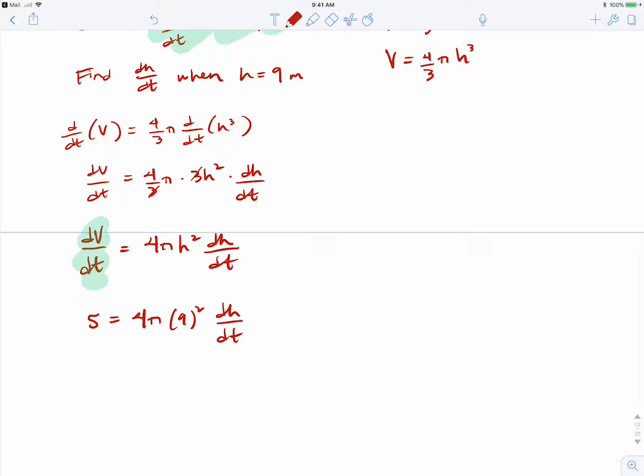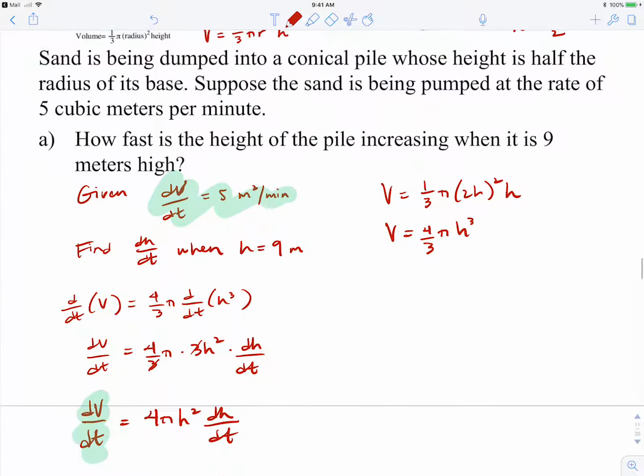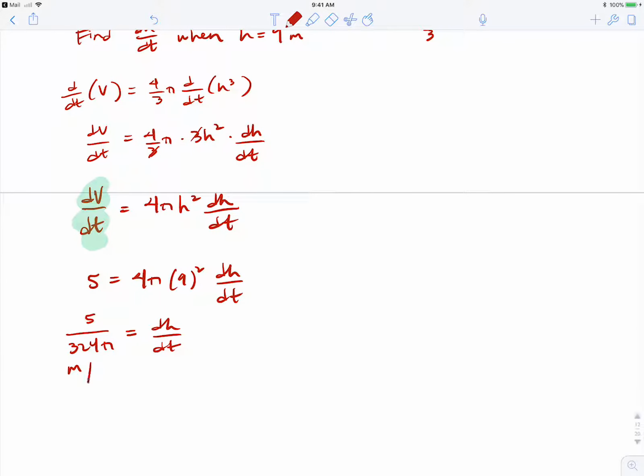Okay, so 4 times 9 squared is 324. So we get 5 divided by 324 pi equals dh over dt. And the units for h are meters, and the units for time are minutes. So this is meters per minute.